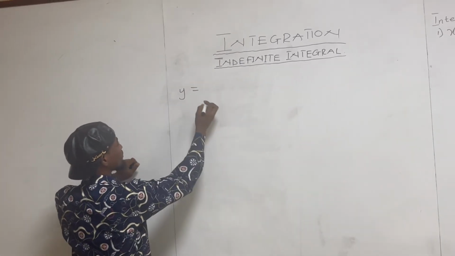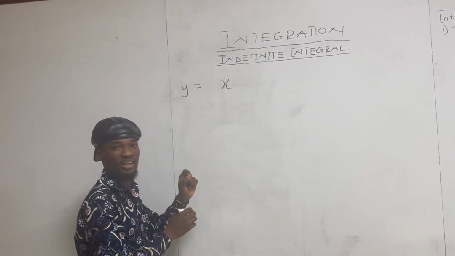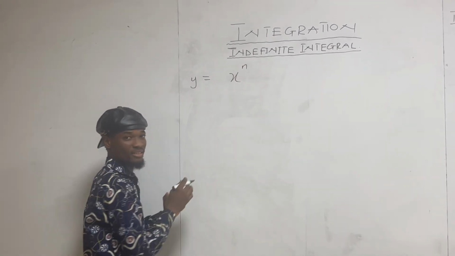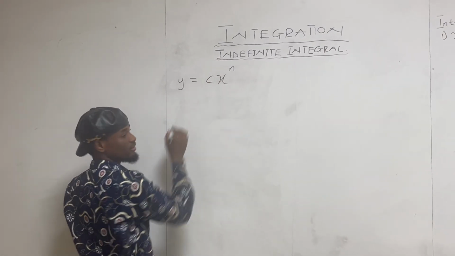Okay, so given that y equals, let's say, x raised to a certain exponent n, with a coefficient c.